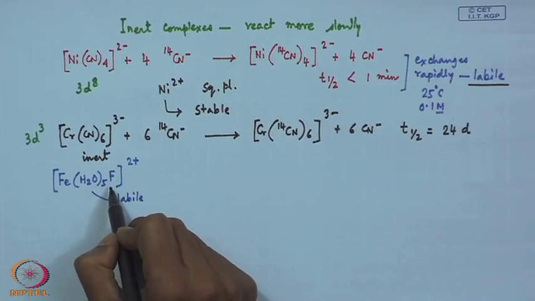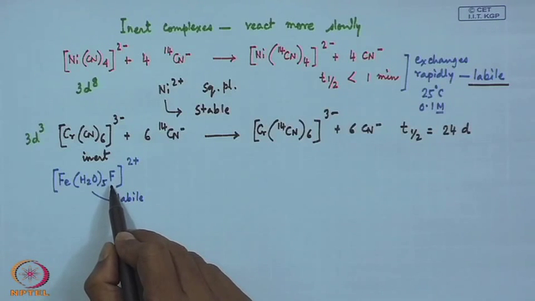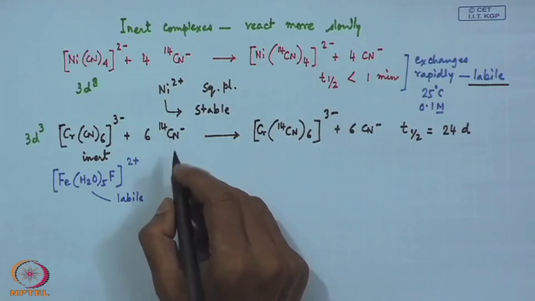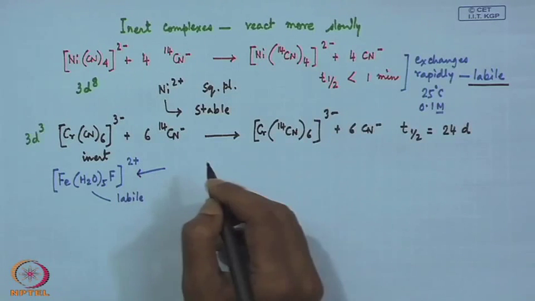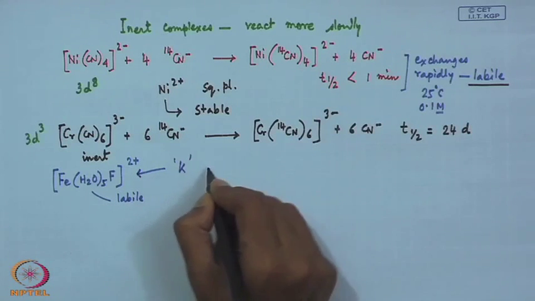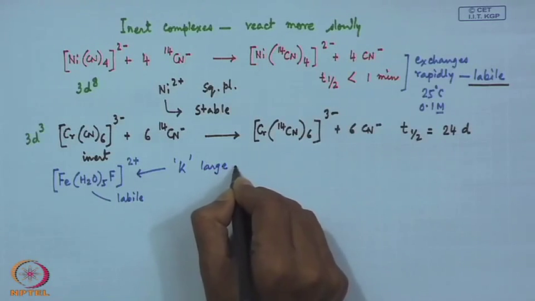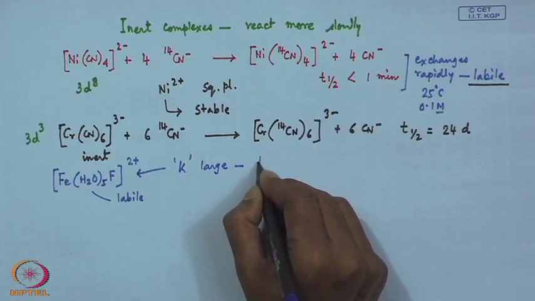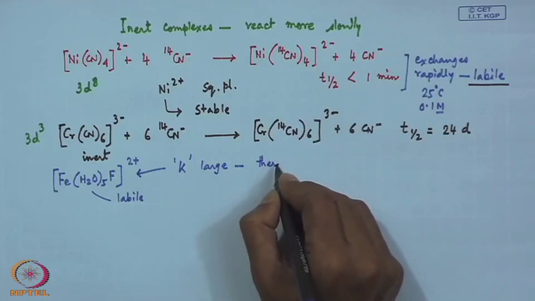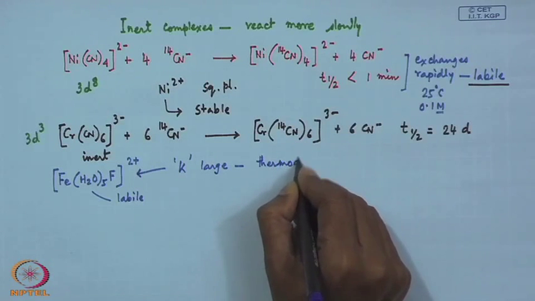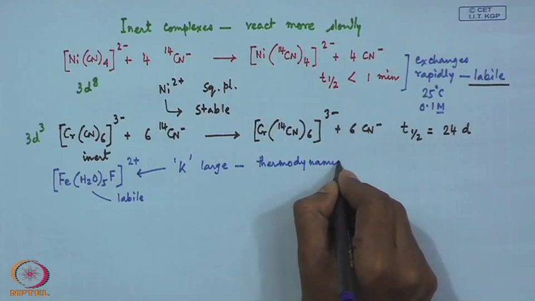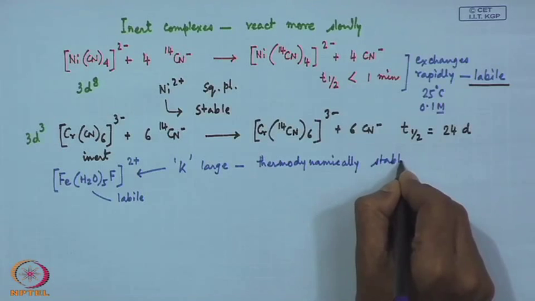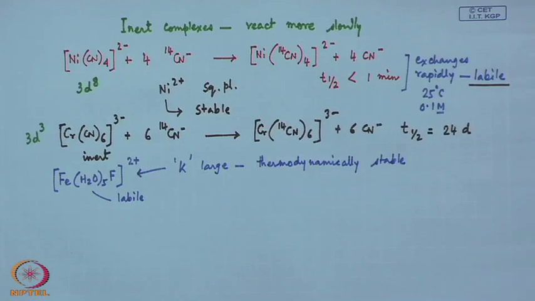It removes the thiocyanate group from the coordination sphere of the iron, but it has a large equilibrium constant of formation, because when we find the corresponding K value, it has a large value. That means it is thermodynamically a stable compound, it is not unstable, but it is kinetically labile.